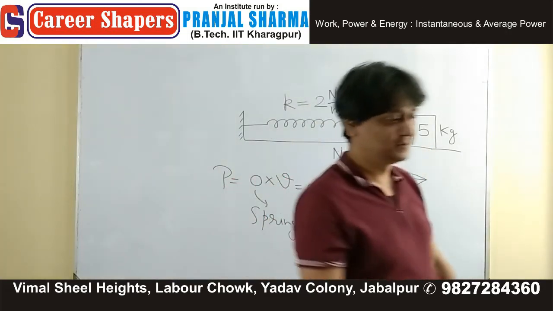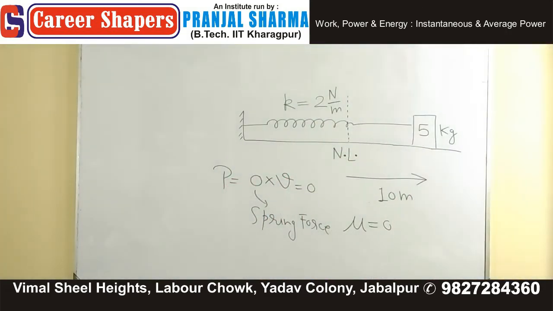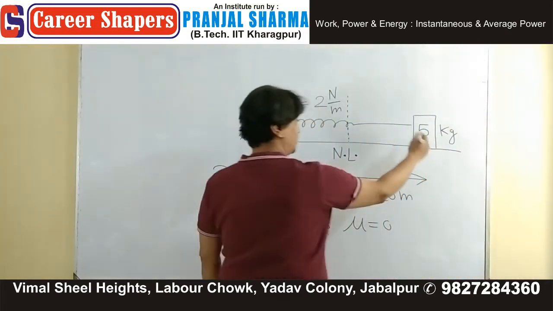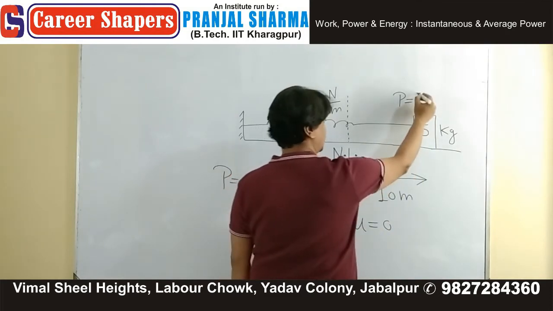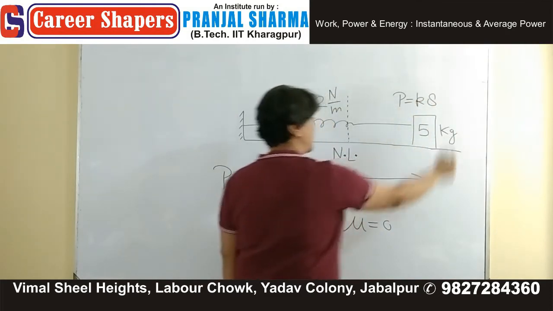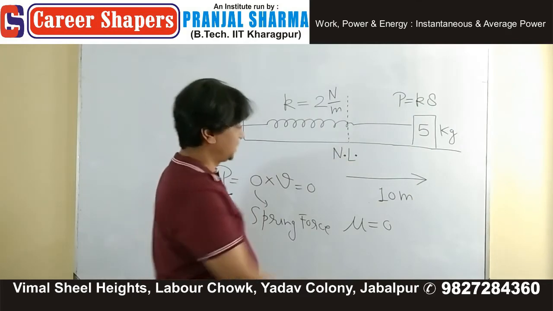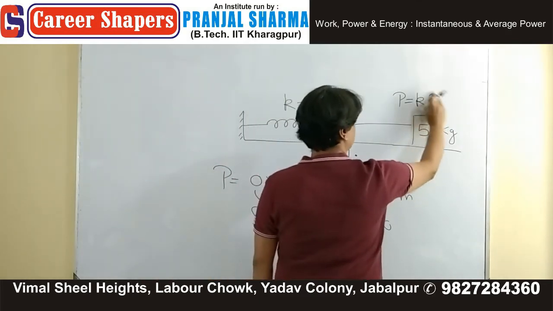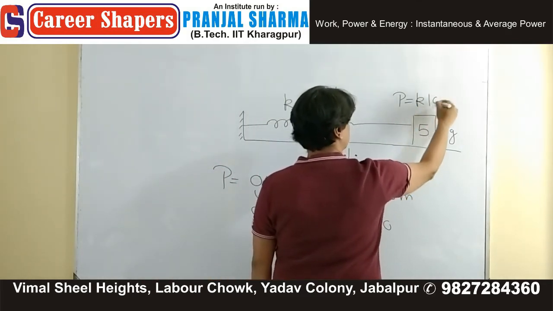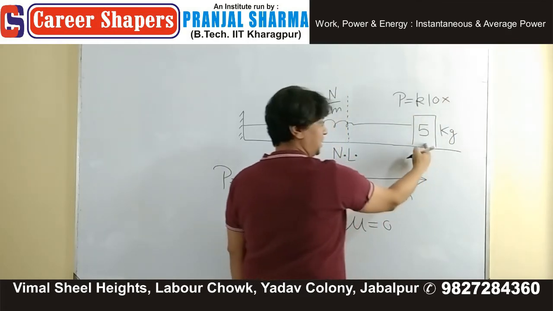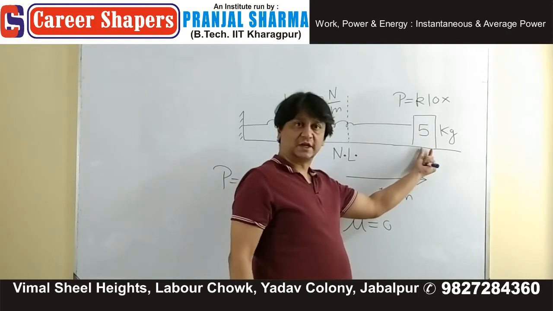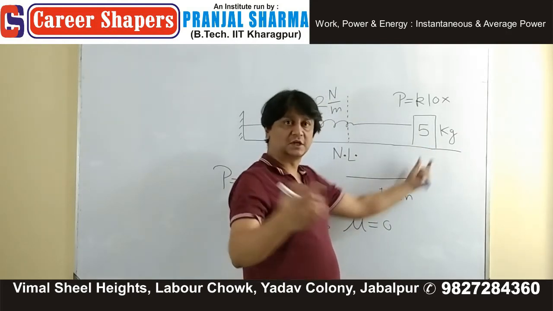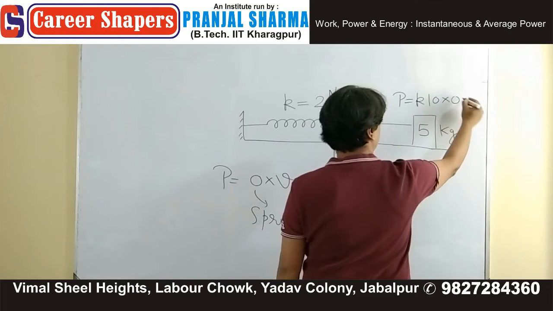Therefore, at the initial point, if someone asked you what the P here would be, force is definitely how much? K multiplied by 8. Sorry, K multiplied by 10. Deformation is 10, multiplied by V. So this was at rest. The moment you release it, its velocity is what? 0.